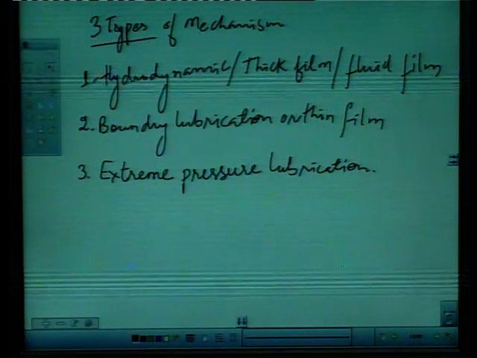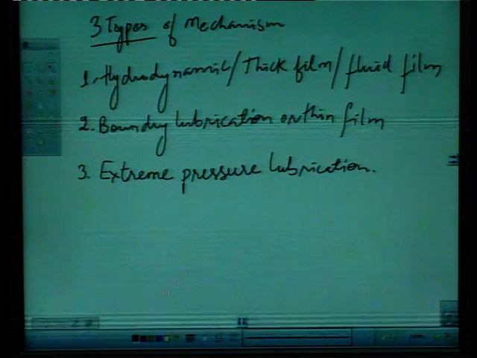Second is boundary lubrication, or thin film lubrication. Third is extreme pressure lubrication.